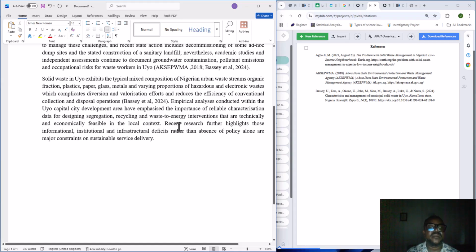Okay. So if we say empirical analysis conducted within this area, you should be able to tell us a few of those empirical analyses. It further says that recent research further highlights informational, institutional, and infrastructural deficits rather than absence of policy alone.